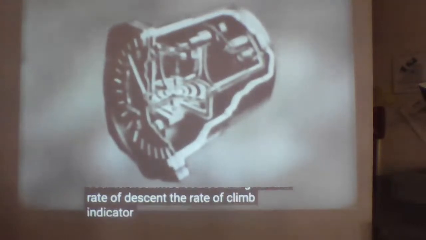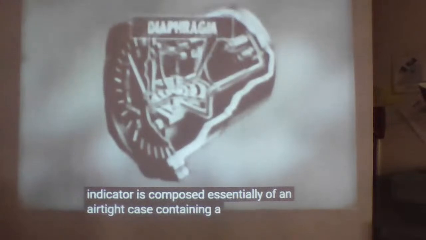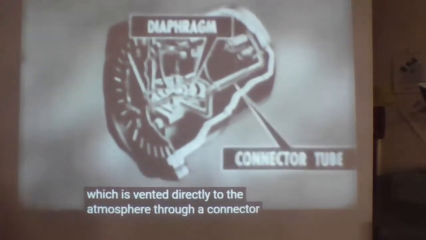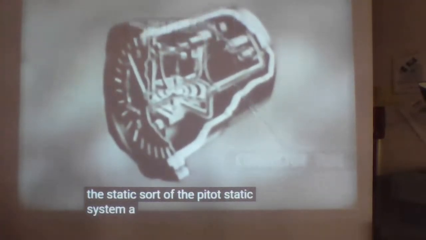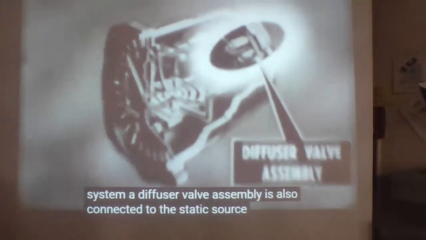The rate of climb indicator is composed essentially of an airtight case containing a diaphragm, which is connected directly to the atmosphere through a connector tube to the static source of the pitot-static system. A diffuser valve assembly is also connected to the static source.